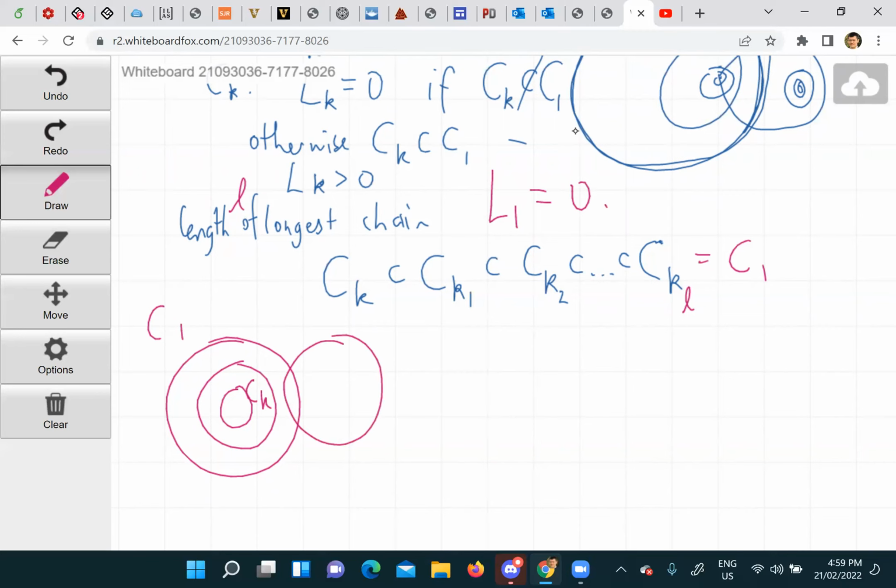The level of CK doesn't depend on where this circle is. It depends on how many circles there are. So it's how deep it goes inside C1. That's what the level of a circle is. It doesn't depend on what other circles are. And if this was the K plus first circle, what's the level of it? 0, it's outside of C1. Okay.